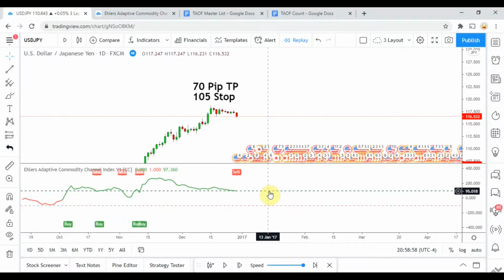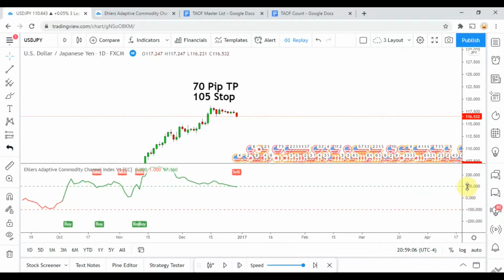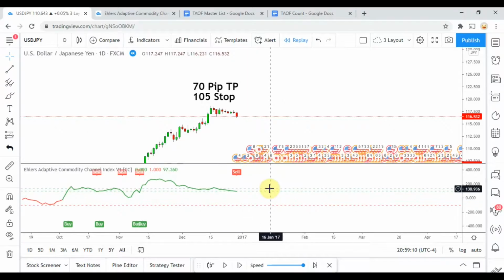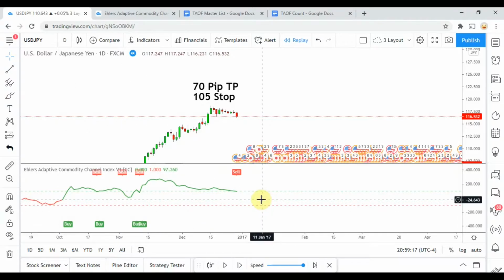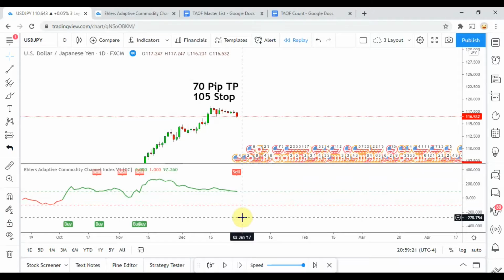One is right at the 100 mark, and one is right at the negative 100 mark. And so this indicator is kind of similar to how you would think of the RSI. And so we have these areas of overbought and oversold.